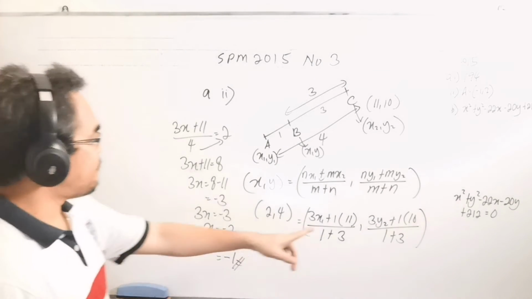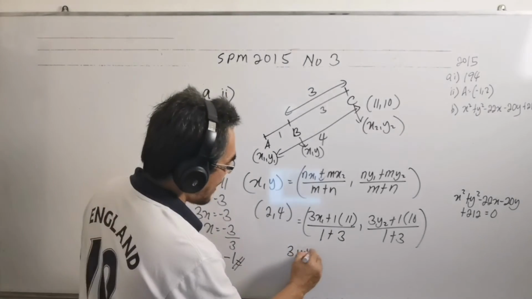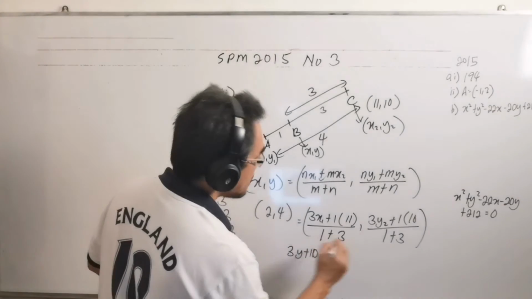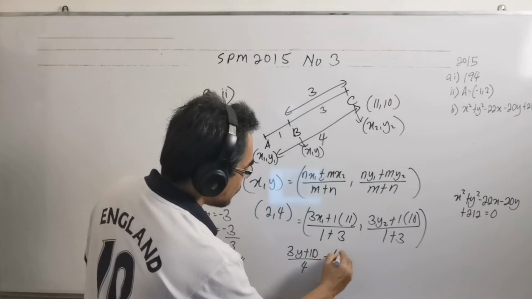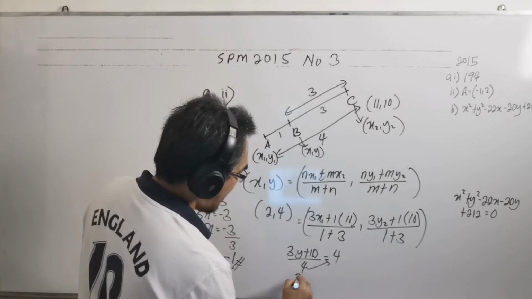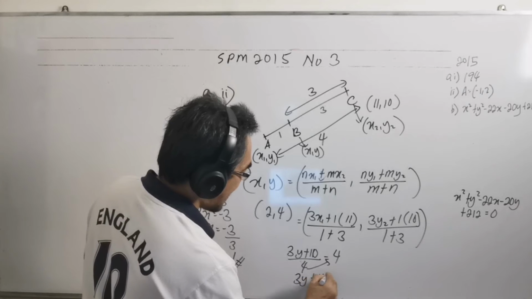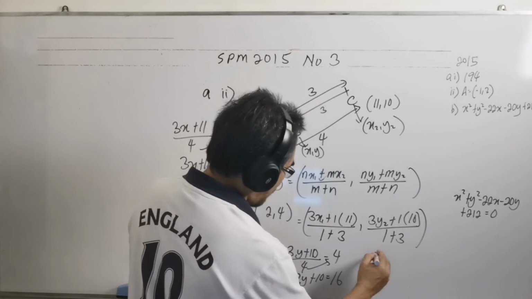And then similarly for y, we say 3y plus 10 over 4 equals to 4, and cross multiply, we have 3y plus 10 equals to 16. So then move 10.